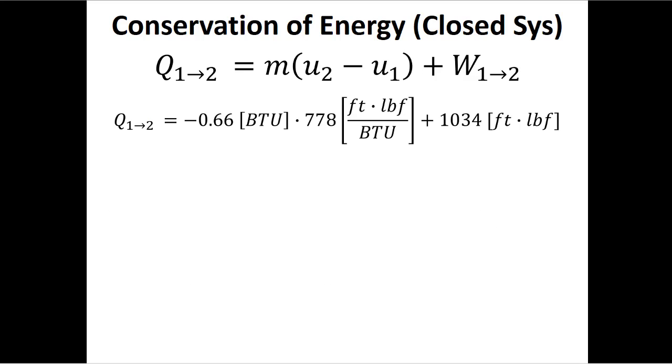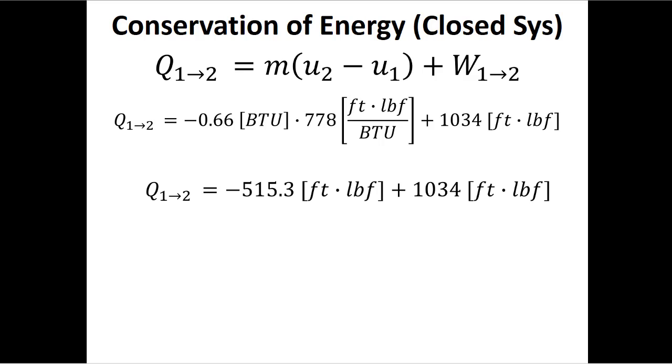Here again, I can do some math so that I can be adding apples to apples. And I get that negative 515.3 foot-pounds plus 1,034 foot-pounds is equal to Q. Now I'm starting to feel better about this answer because once I've converted the units, my numbers are starting to look the same.